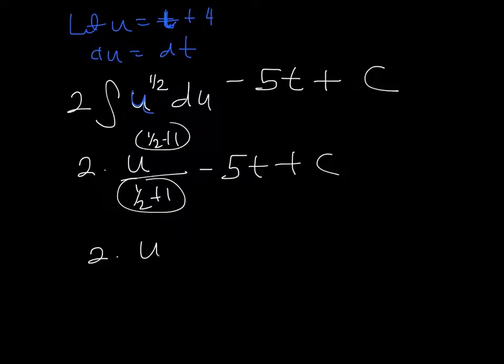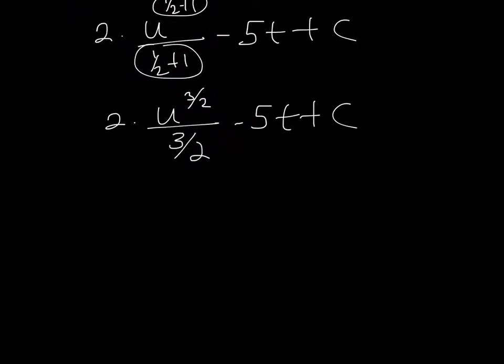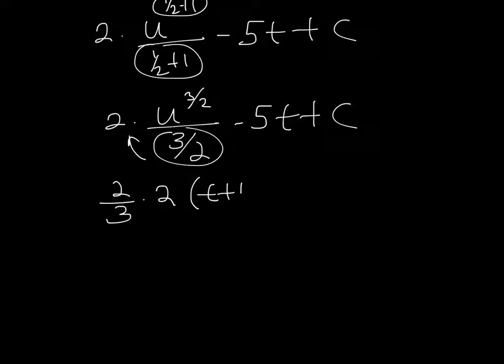So we have u to the 3/2 over 3/2. And finally, we can bring this guy up. So that's 2/3 times 2. And I can replace my u, which was t plus 4, to the 3/2 minus 5t plus c.